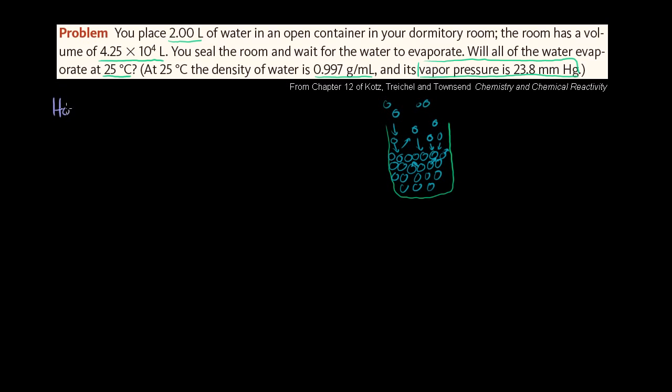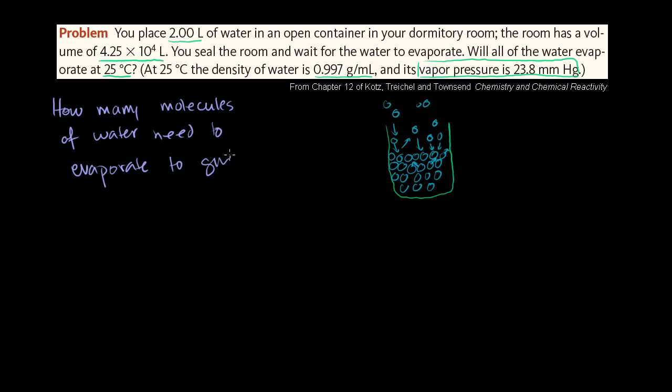How many molecules of water need to evaporate to give us the vapor pressure of 23.8 millimeters of mercury.